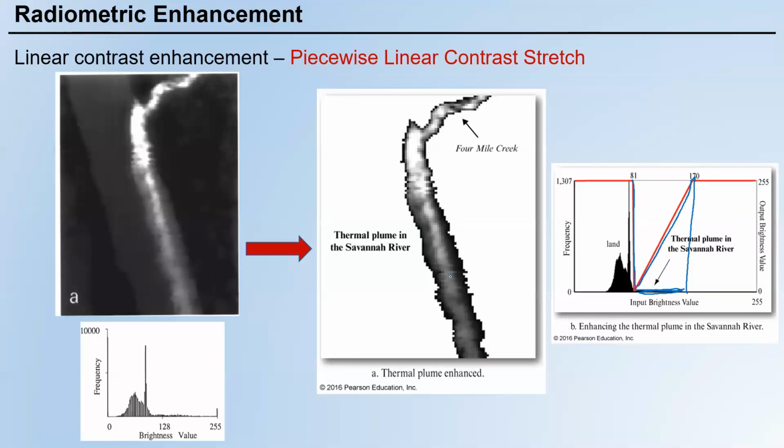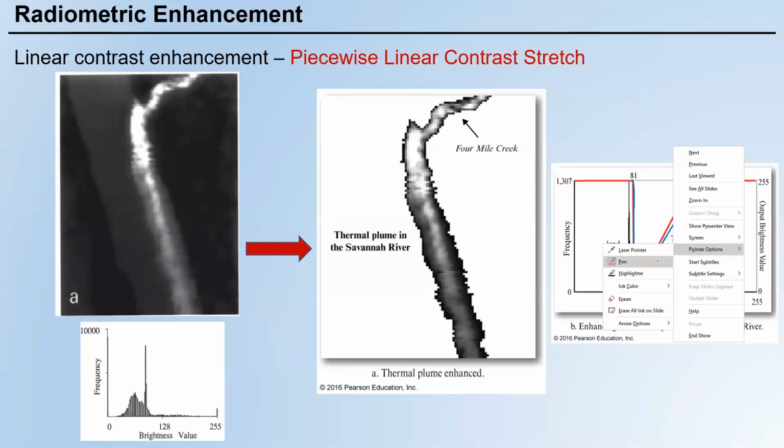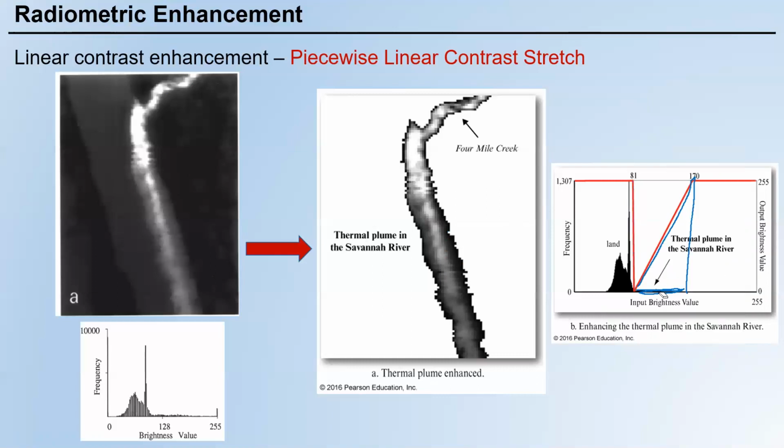So this is a very typical but very simple example of piecewise linear contrast stretch. Here we actually use 3 functions. Function 1 is a straight line. Function 2 is this second segment here. Function 3, or segment 3, is again a horizontal straight line. So 3 functions: piecewise linear contrast stretch.